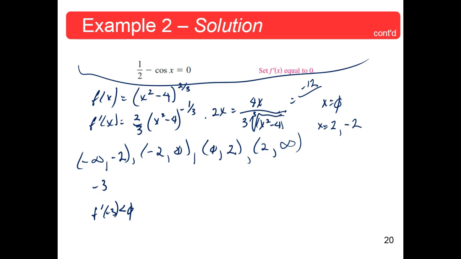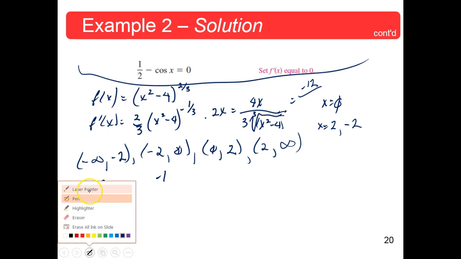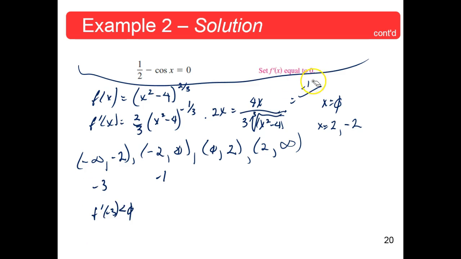Okay? Pick me a point between -2 and 0. -1. Okay? Now let's do our first derivative at -1. At -1, what's the numerator going to be? -4. It doesn't matter what value, it's going to be negative. And the denominator? Inside will be a -3, cube root of a -3.